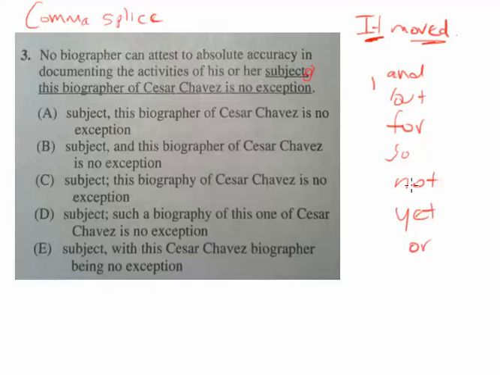The acronym to remember them is FANBOYS, a way to remember all the coordinating conjunctions.